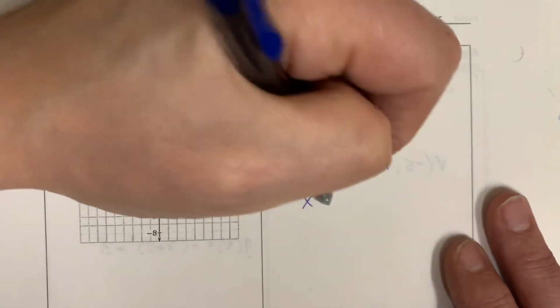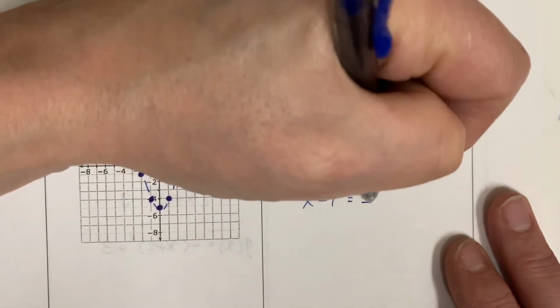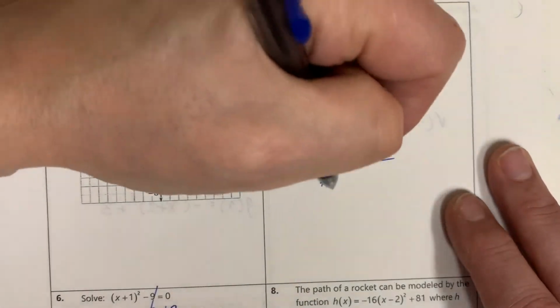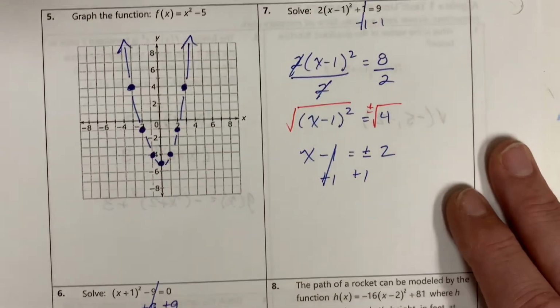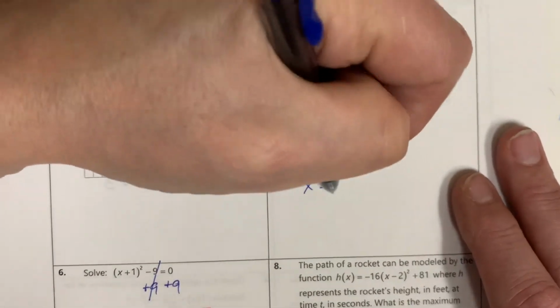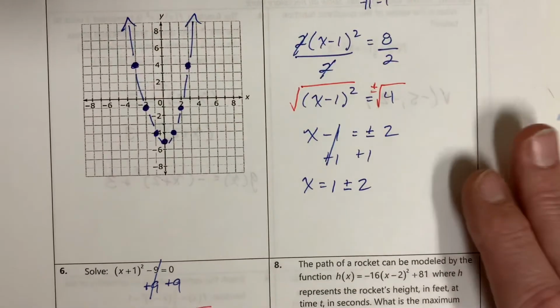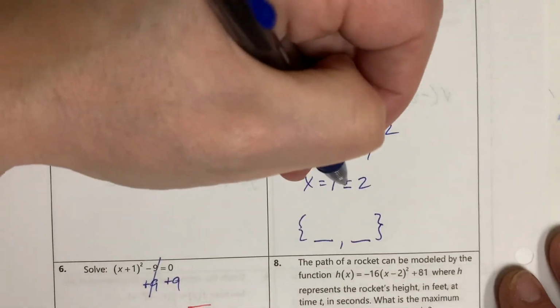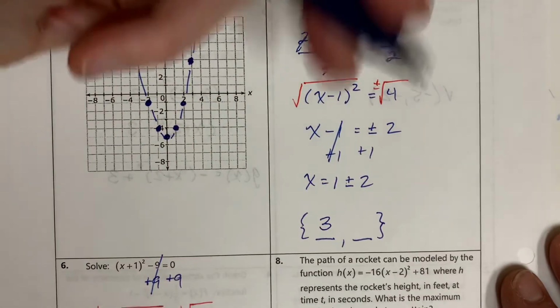My x minus 1 pops out, equals plus or minus 2, because root 4 is 2. Add 1 to both sides. X is equal to 1 plus or minus 2. So I'm now looking for two answers. 1 plus 2 is 3, and 1 minus 2 is negative 1.